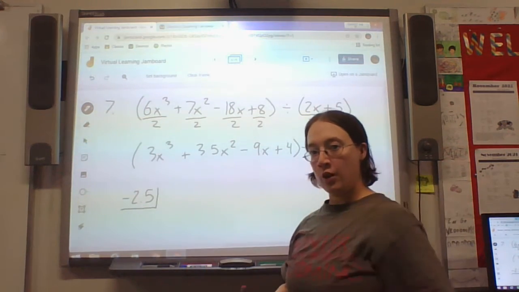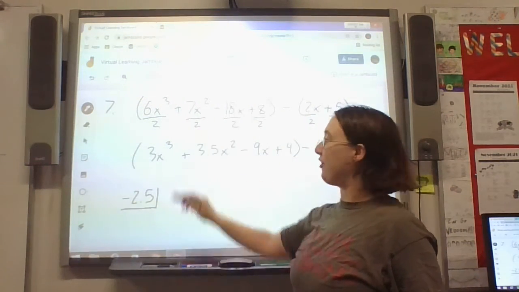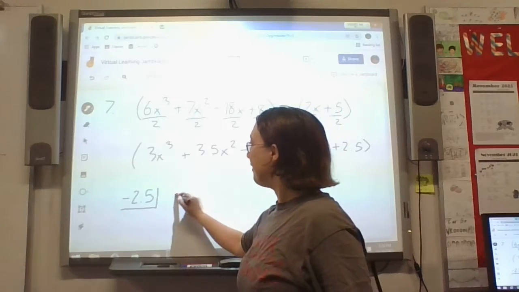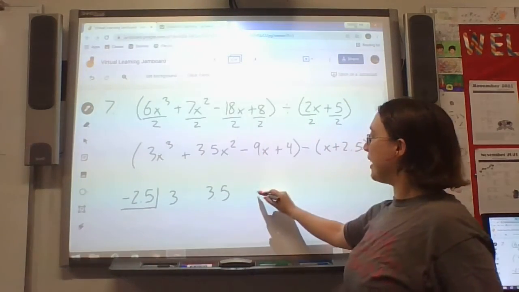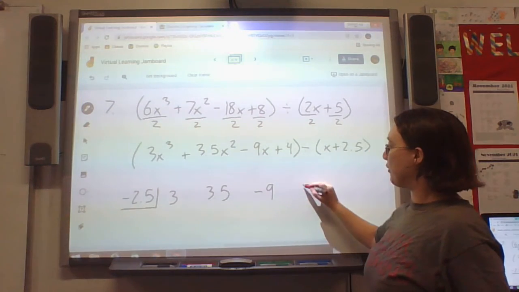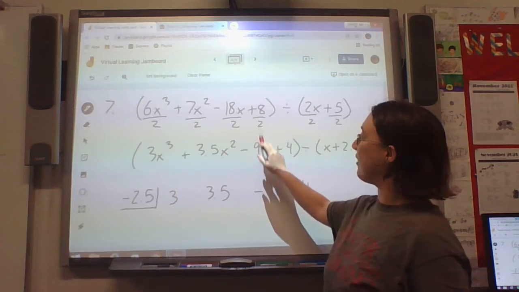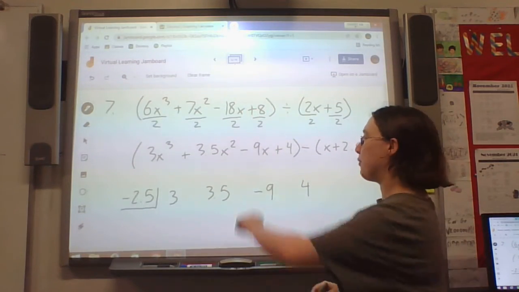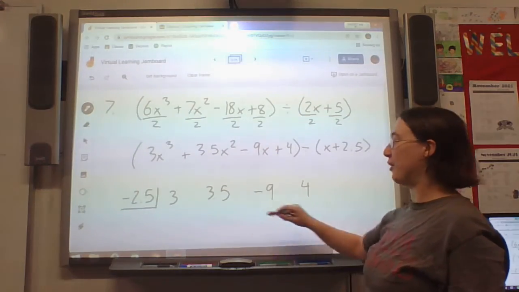And when we're grabbing our coefficients, we'll make sure we're grabbing these ones, not these ones. So we're taking this 3, and this 3.5, and this negative 9, and this positive 4. And those are the ones that are going here. So these ones, not these ones. And watch out, don't lose any negatives when you're going from here to here or when you're going from here to here.